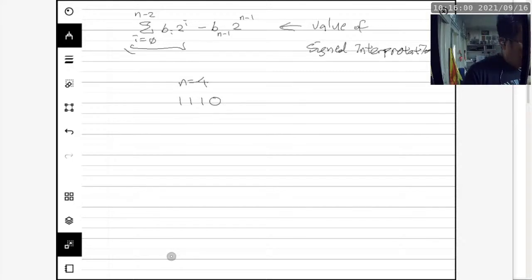When you use this particular expression, the value that you come up with is 0 plus 2 plus 4, and then the whole thing minus 8. And that turns out to be negative 2.